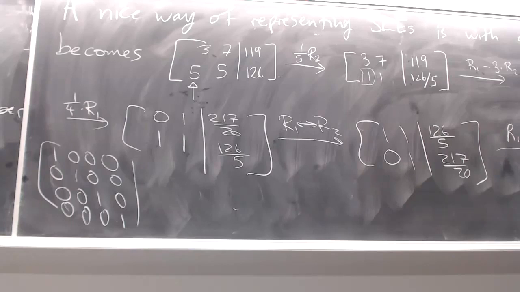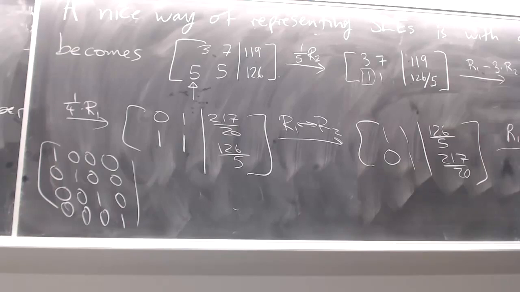What are these operations called again? Elementary row operations. Maybe I didn't write them. So this general technique is called Gauss-Jordan elimination.